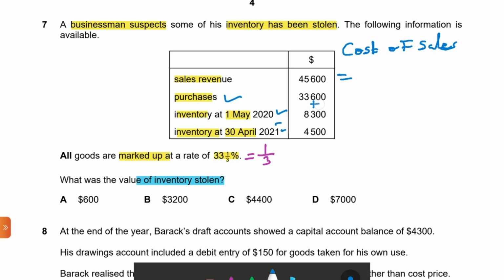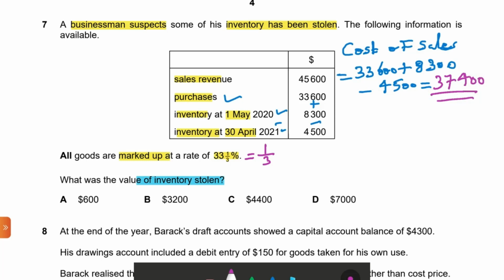So 33,600 plus 8,300 minus 4,500 is equal to our cost of sales, 37,400. 37,400 is our cost of sales given in the question.